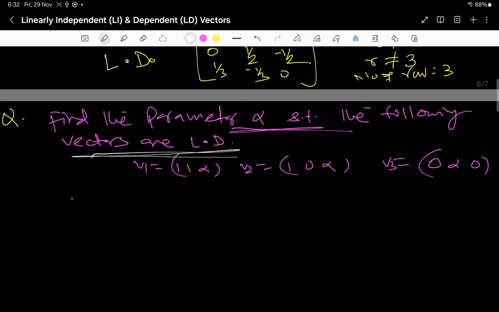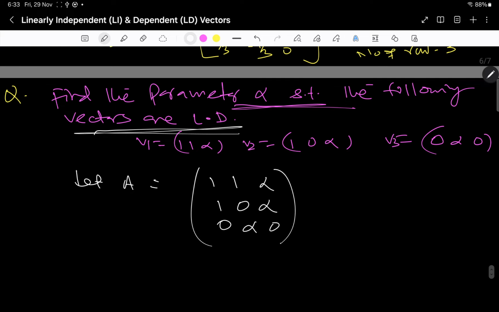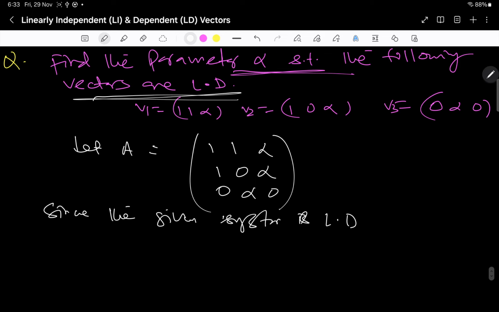If I write A as 1 1 alpha, 1 0 alpha, 0 alpha 0, and since this is LD, linearly dependent, therefore the determinant of A, which is 1 1 alpha, 1 0 alpha, 0 alpha 0, is equal to 0.